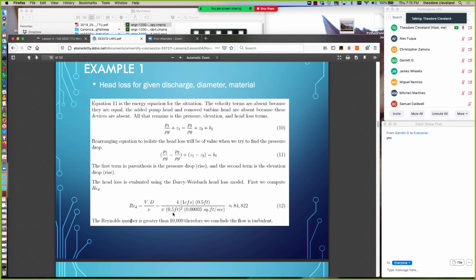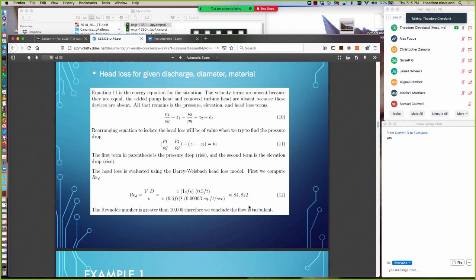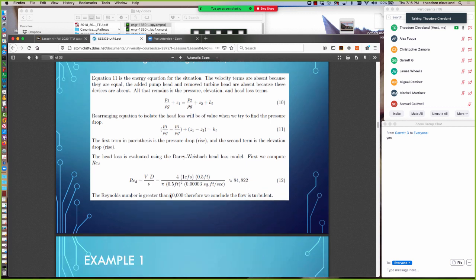This group of terms that the cursor is circling around is the velocity. Multiply that by the diameter, 0.5. Divide everything by the kinematic viscosity, 0.00003 square feet per second, for a Reynolds number of roughly 85,000. The Reynolds number is greater than 10,000, so we're absolutely sure that this is turbulent flow.